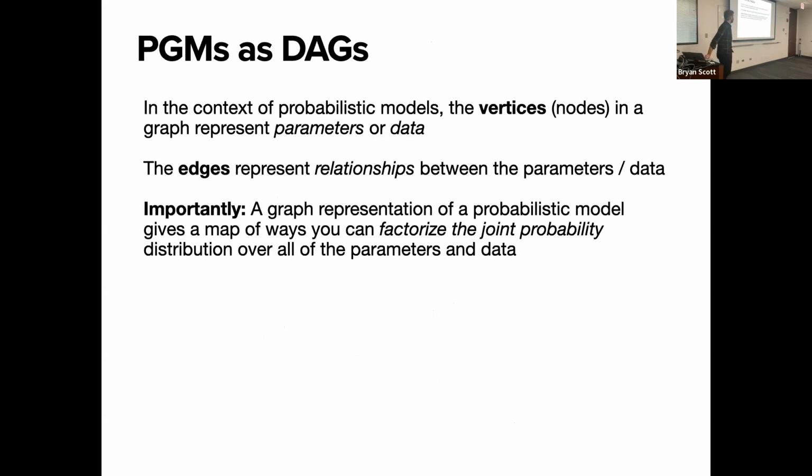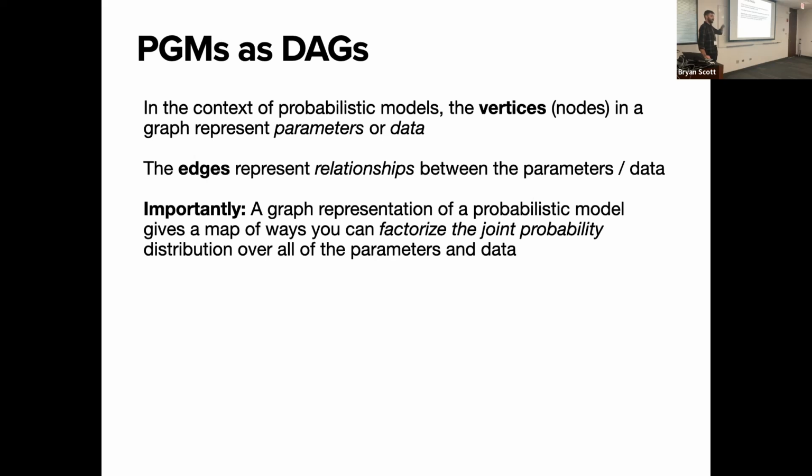Okay, so in PGMs as DAGs, in the context of the probabilistic models that we're going to be talking about, the vertices in the graphs, or the nodes, those are equivalent words, represent either parameters in your model or data. They can only be those two things.